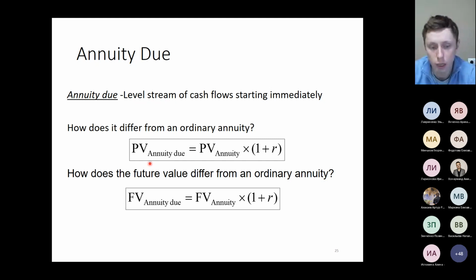Then such a type of cash flow is called annuity due. It can also be perpetuity due. It doesn't matter. The only adjustment that we need here is to use one step in compounding, so 1 plus R.